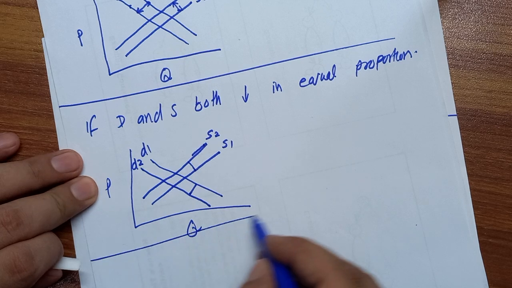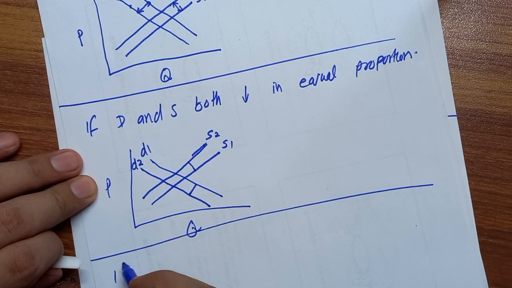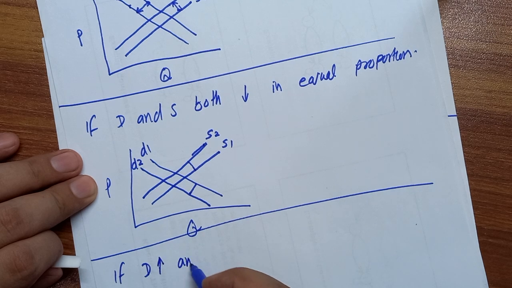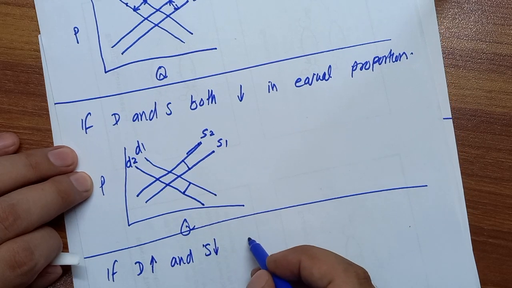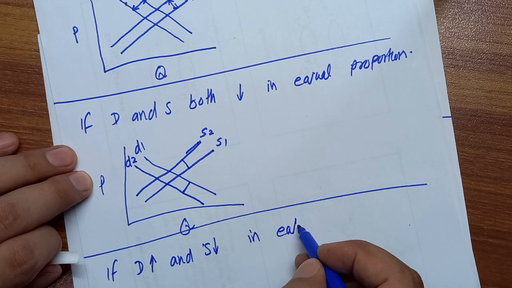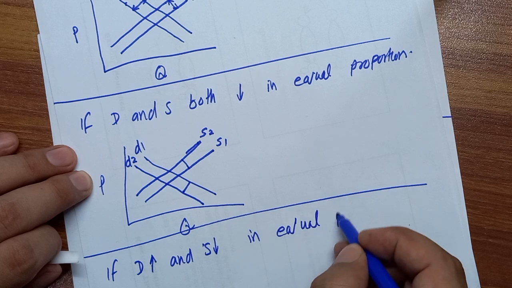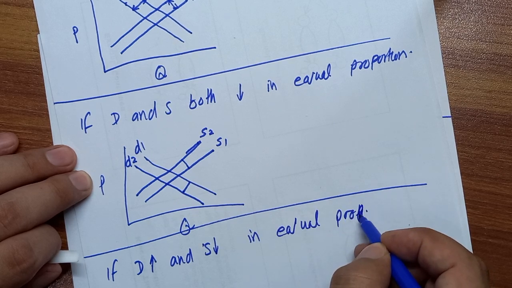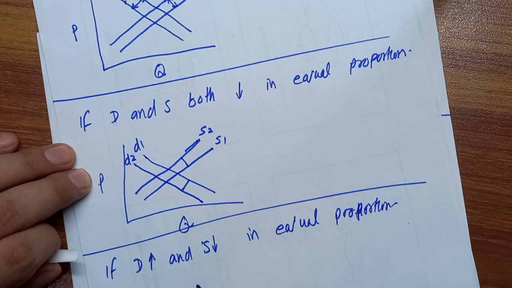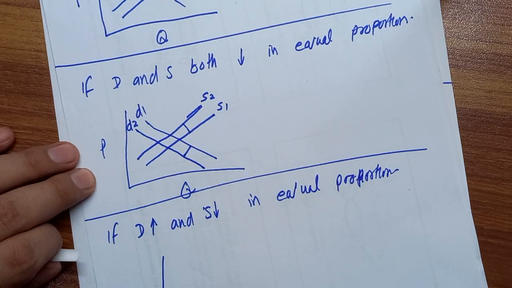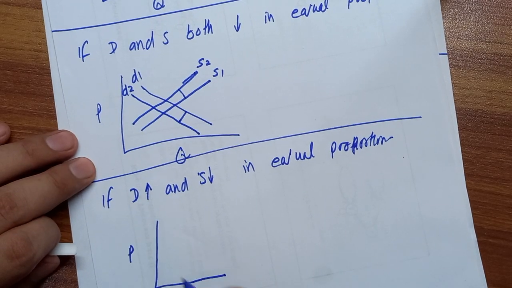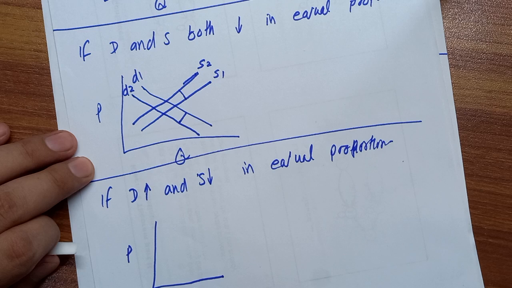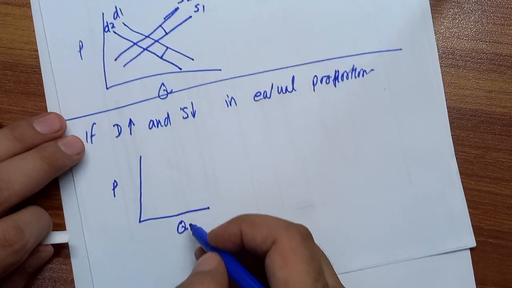Another question we have: the change in demand is increase and the change in supply is decrease, in equal proportion. So here we will draw a graph. This is price, this is quantity of demand and supply.